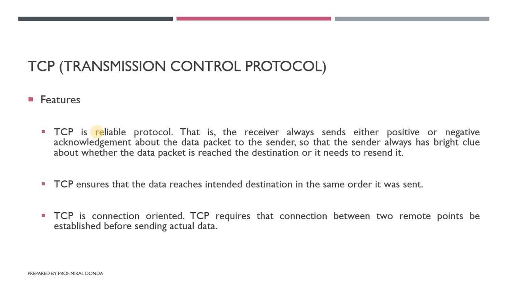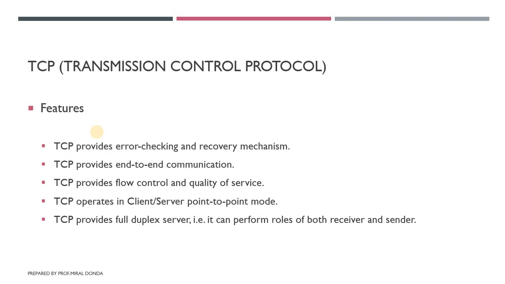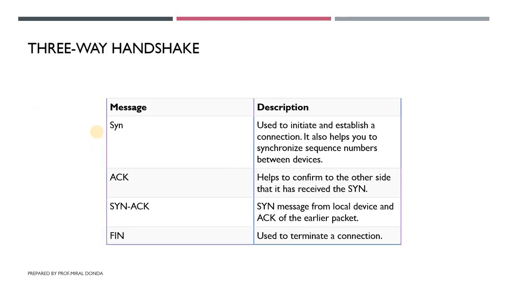So let's understand how TCP establishes the connection. Before that, there are some terms that need to be understood. Here the term SYN is used to initiate the establishment of a connection. It also helps to synchronize sequence numbers between the devices. So SYN means synchronization.